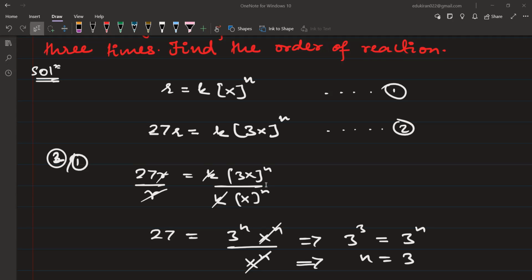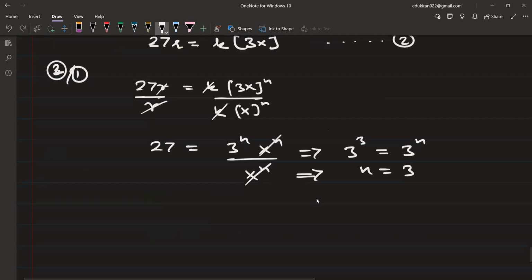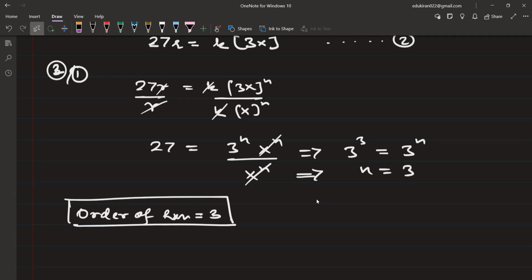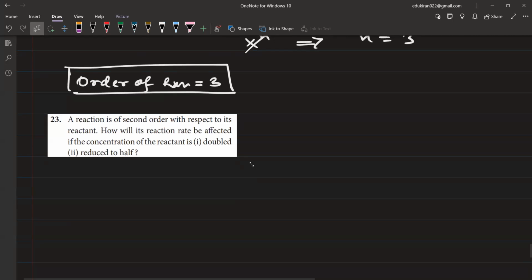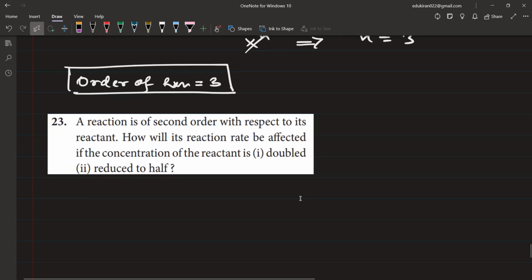Check, all of you wrote this? Once you have written it, write it neatly like this: order of reaction is equal to 3. Write this question.